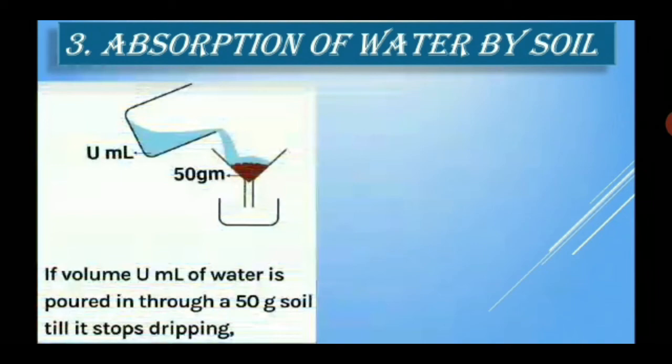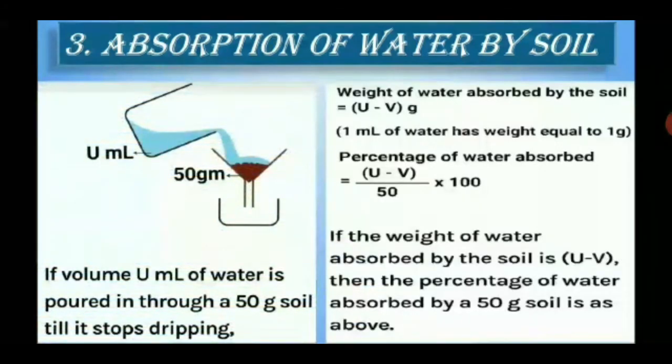Suppose we are taking U ml of water. The weight of water absorbed by the soil will be equal to U minus V gram. Percent of water absorbed will be equal to U minus V upon 50 gram, which is the amount of soil we took, into 100. If the weight of water absorbed by the soil is U minus V, then the percentage of water absorbed by 50 gram soil is as above, that is U minus V upon 50 into 100.